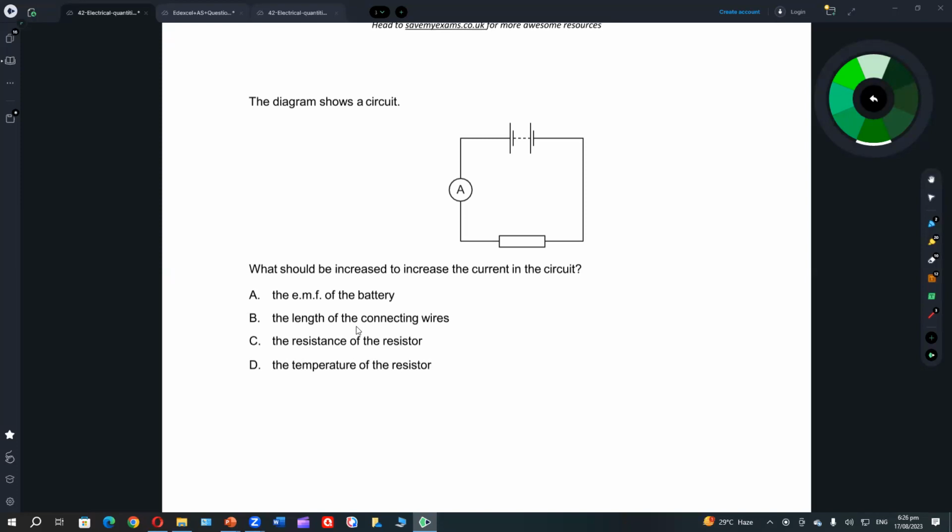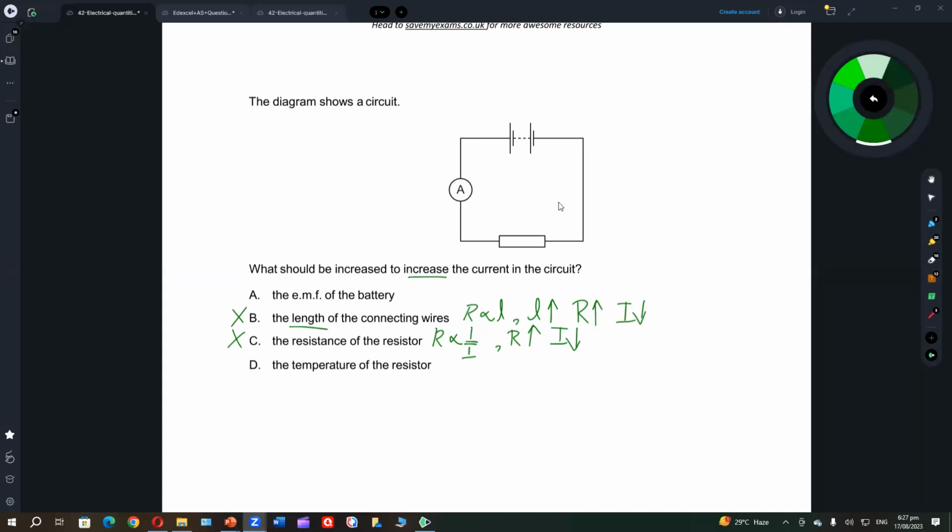The diagram shows a circuit. What should be increased to increase the current in the circuit? The method I'm using is called the elimination method.